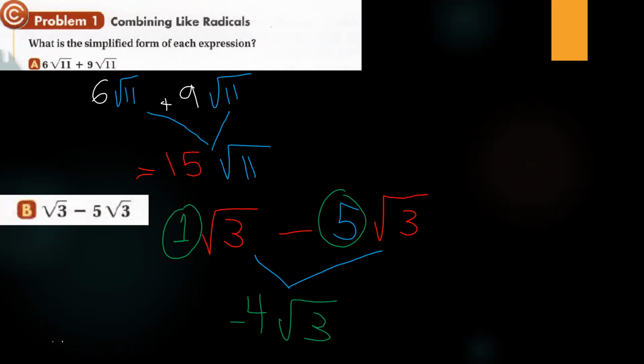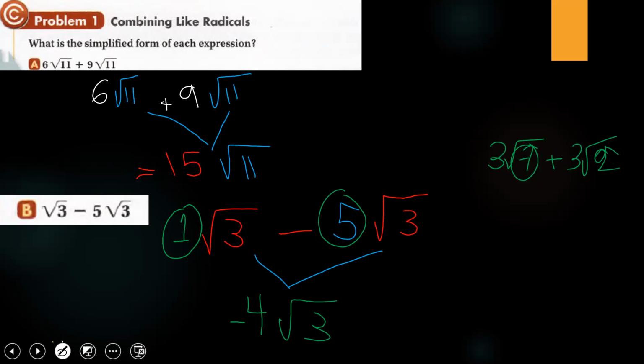Teacher, in subtraction, it's not a problem if the numbers are different. Now, if it's different, like the numbers under the square root, for example, if you have a square root of 7 and a square root of 2, we cannot add them because 7 is not like 2.